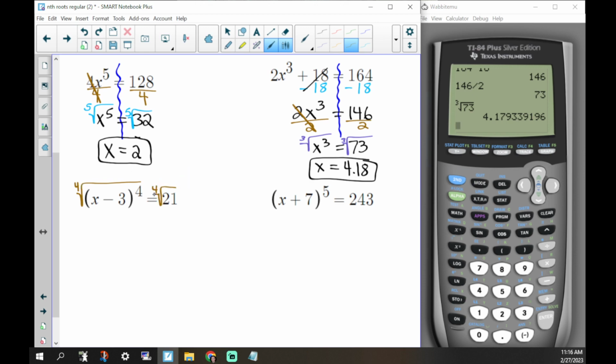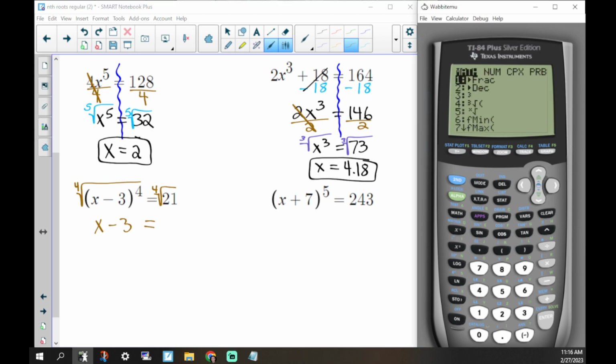And by doing that, I will now have x minus 3 is equal to whatever that root's going to be. So in this case, I'm going to clear it. I'm going to hit 4, math, go down to number 5, and I'm going to type in my 21. And I get 2.14.